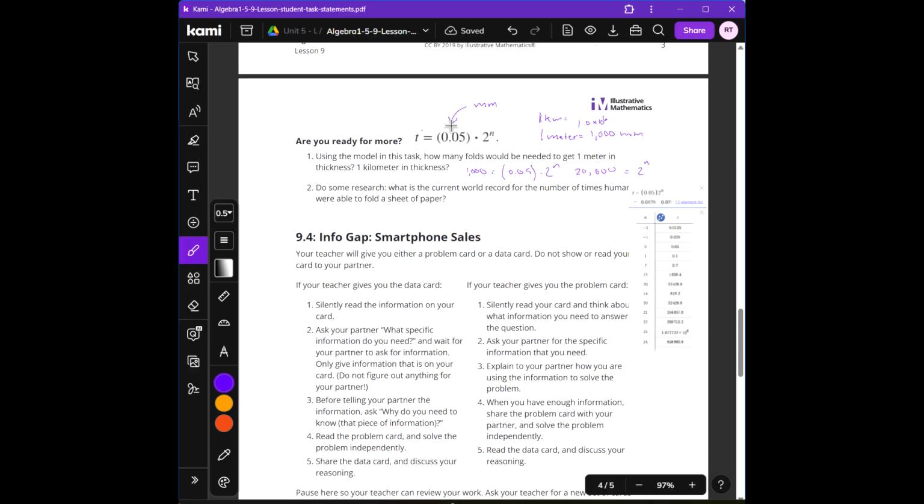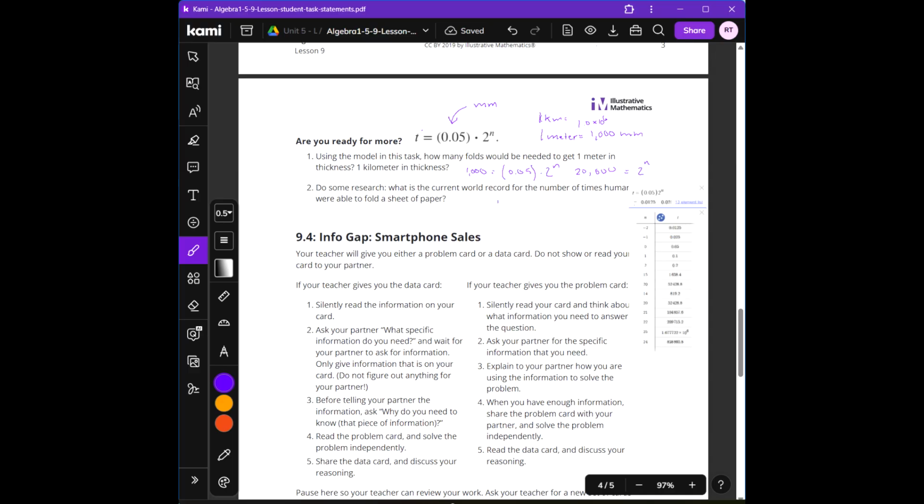I did that because our thickness is in millimeters. So I went on to Desmos and plugged in some values of n until I found out how many times it would be folded.